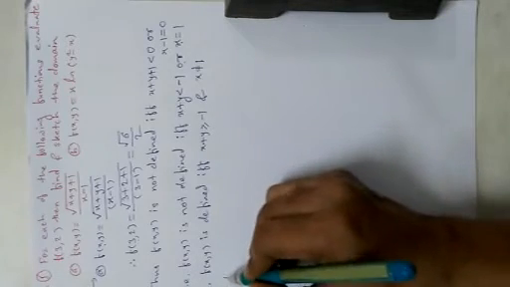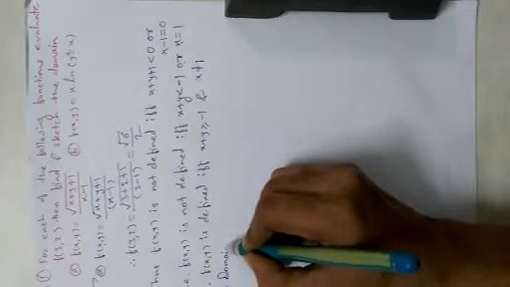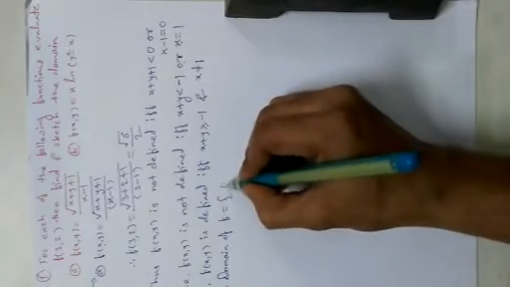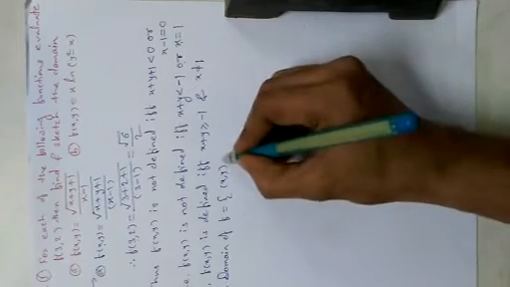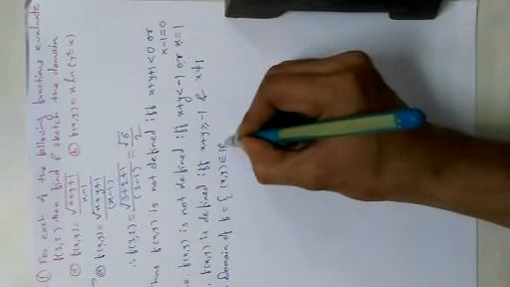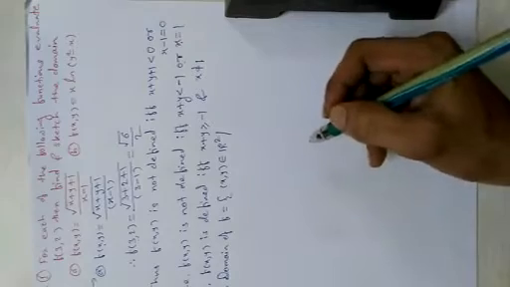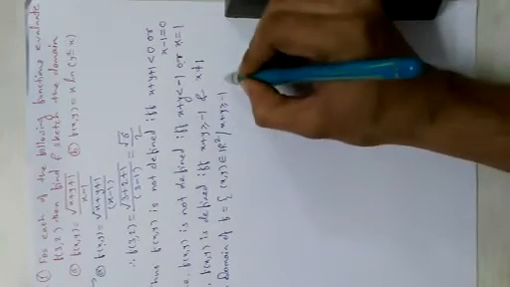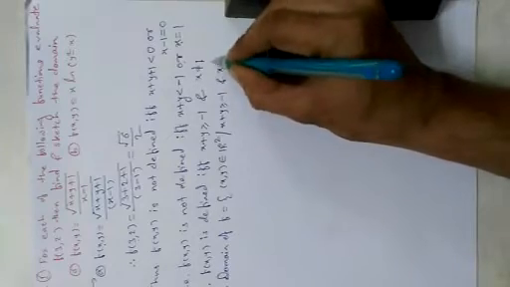Therefore the domain of f is the set of all ordered pairs (x, y) in R square such that x plus y is greater or equal to minus 1 and x is not equal to 1. This is the domain of our function f.